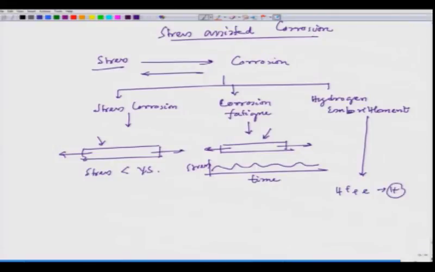Before this hydrogen combines with another hydrogen, the atomic hydrogen is very, very active, and it can react with hydride forming elements present in steel, like titanium, which will allow the formation of brittle intermetallics in front of a crack tip, and they will go for a brittle mode of fracture. So, this is hydrogen embrittlement.